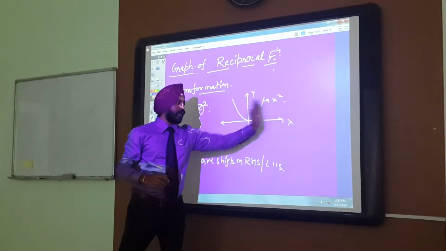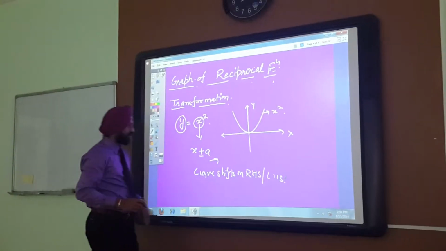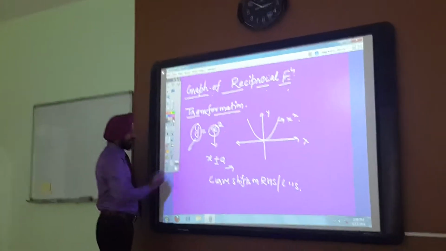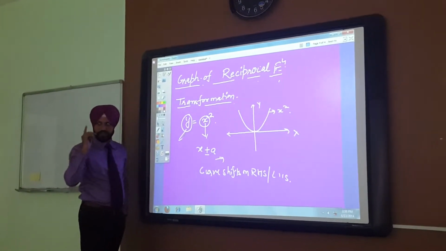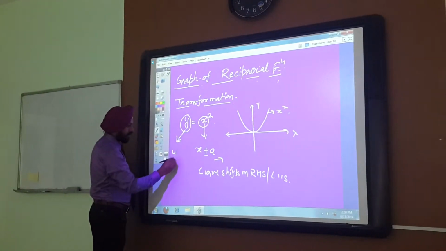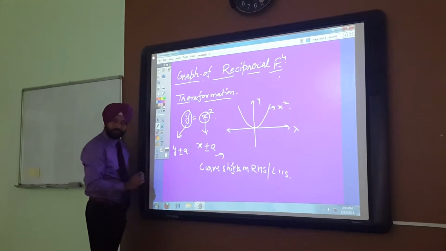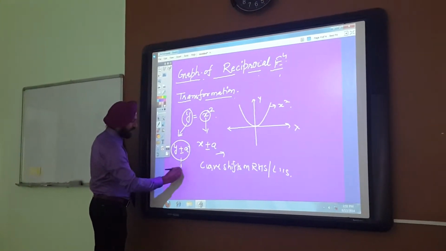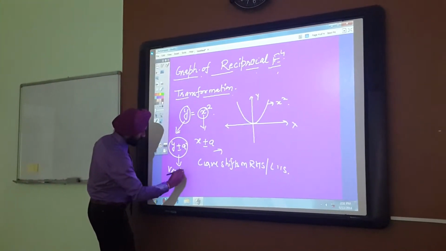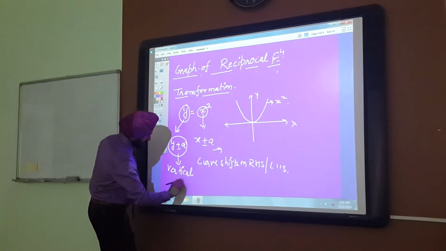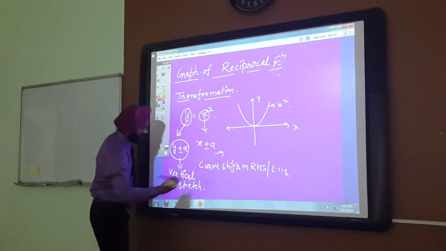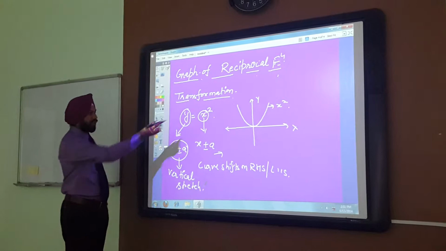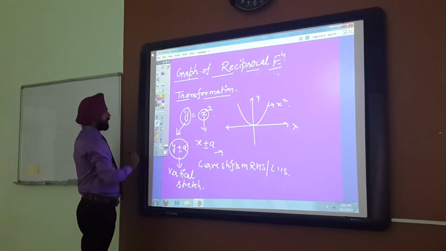Whether it will go on that side or on this side. Okay. When you change y, so what will happen? Y plus minus a. So this is called vertical stretch.